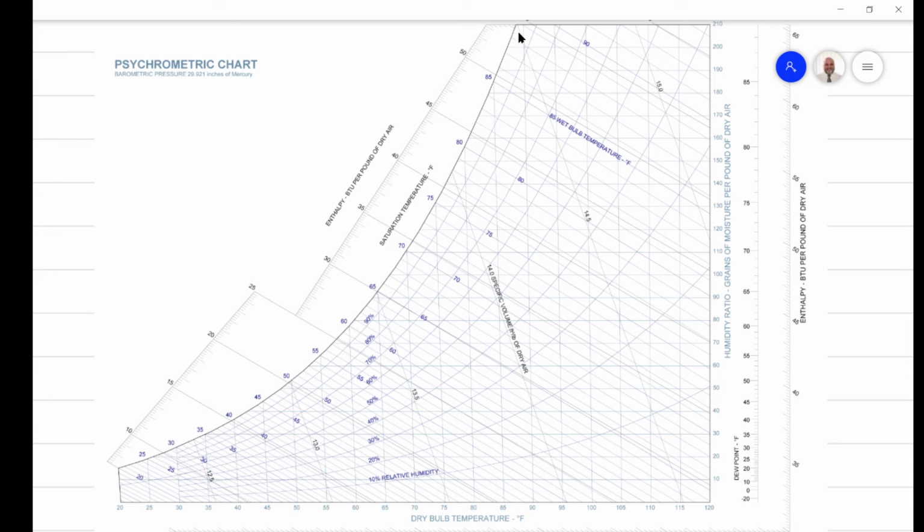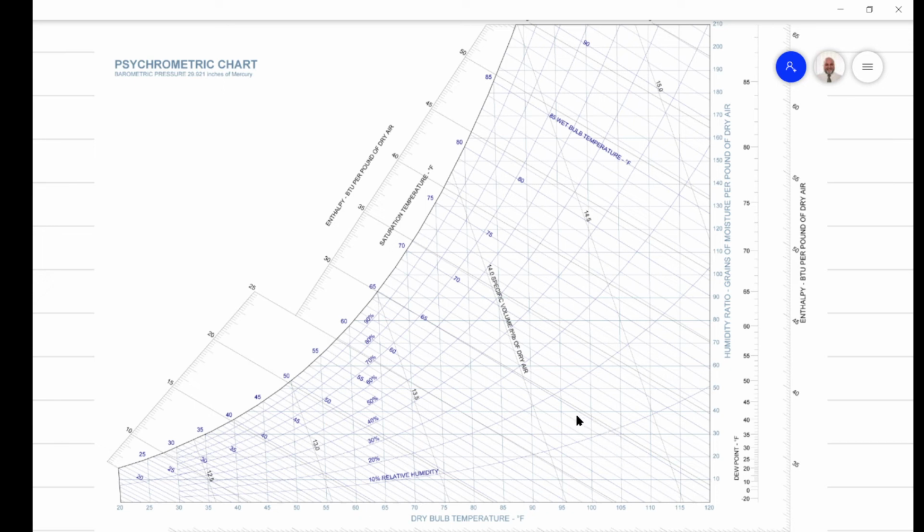This curve is what we call the saturation line. The saturation line is the line beyond which a state point cannot exist. So your state points can exist inside this shape that delineates that 1 pound of air, and the state point cannot be outside of that.